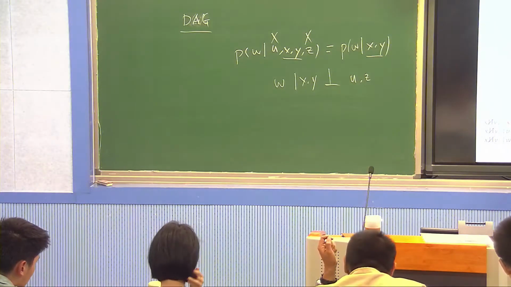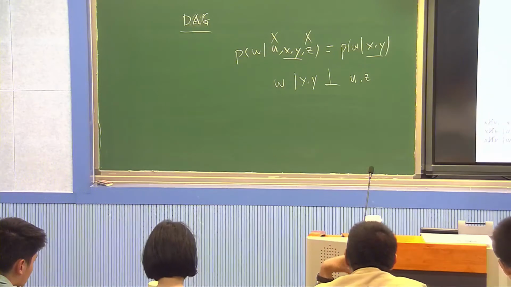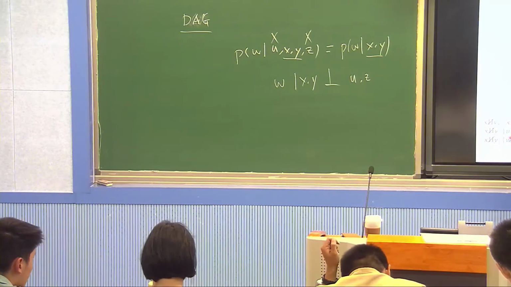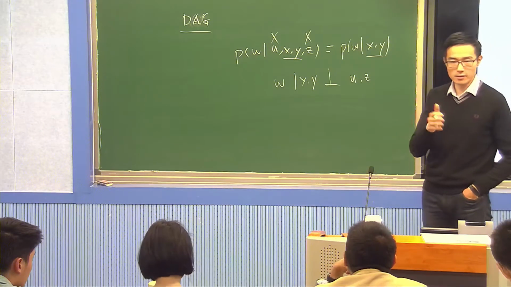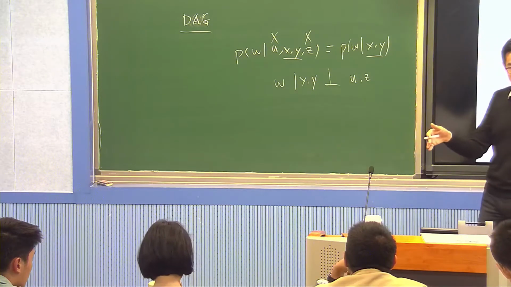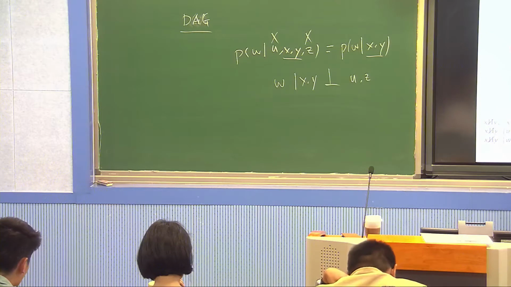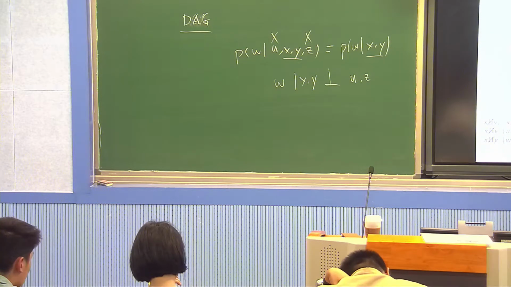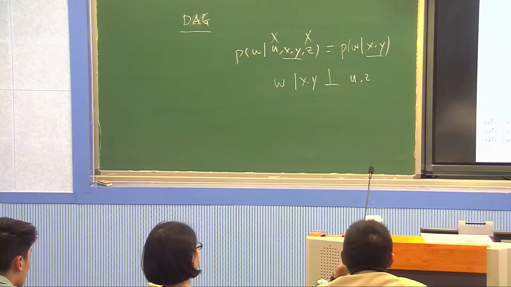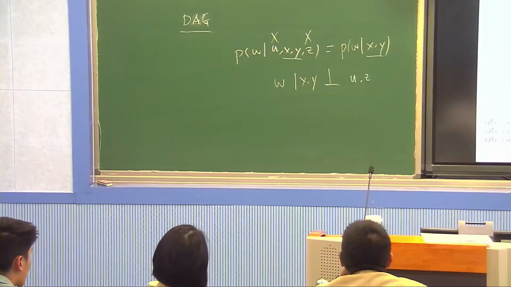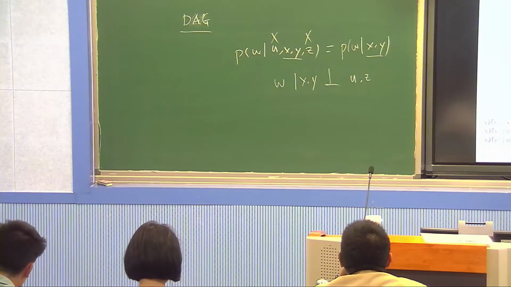So that's the first thing. The second thing we talk about is d-separation. D-separation implies independence. And if they're not d-separated, if they're connected, then they're correlated. So what is d-separation? Let's think about x and y. D-separation means there is no open path between the two.